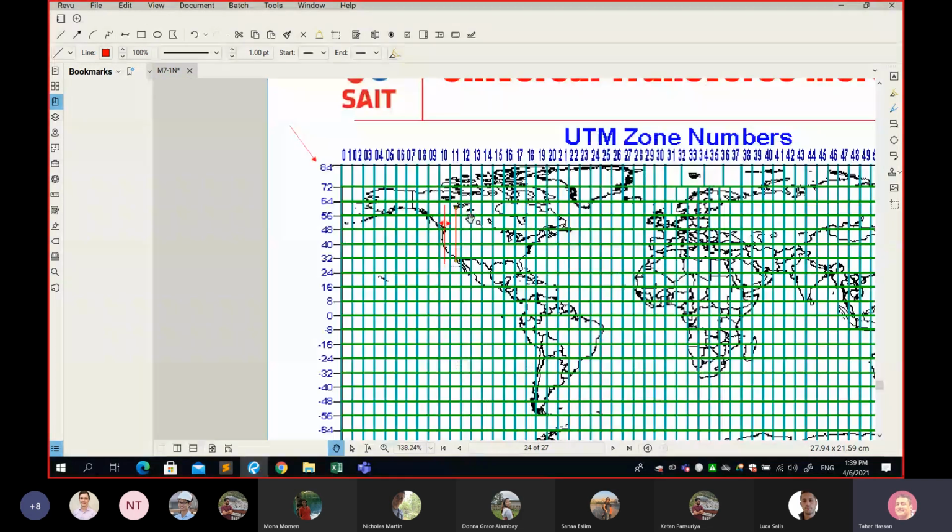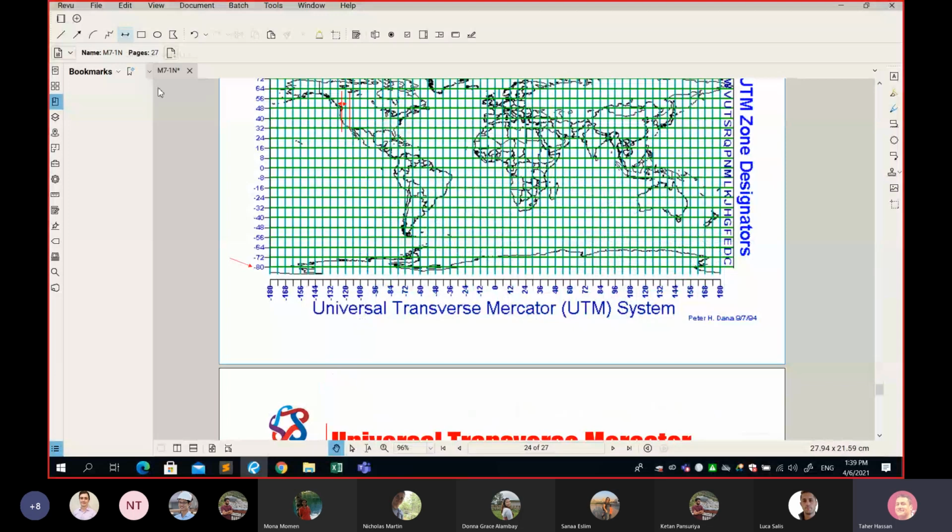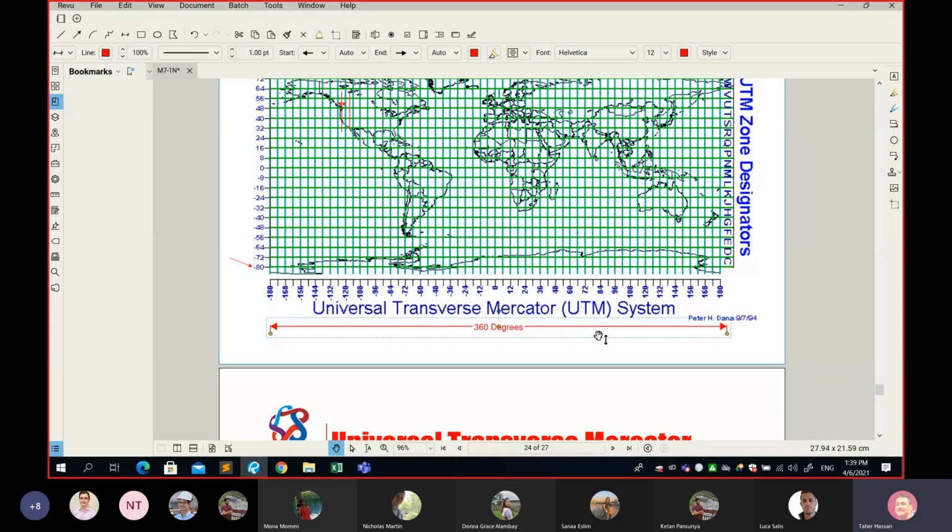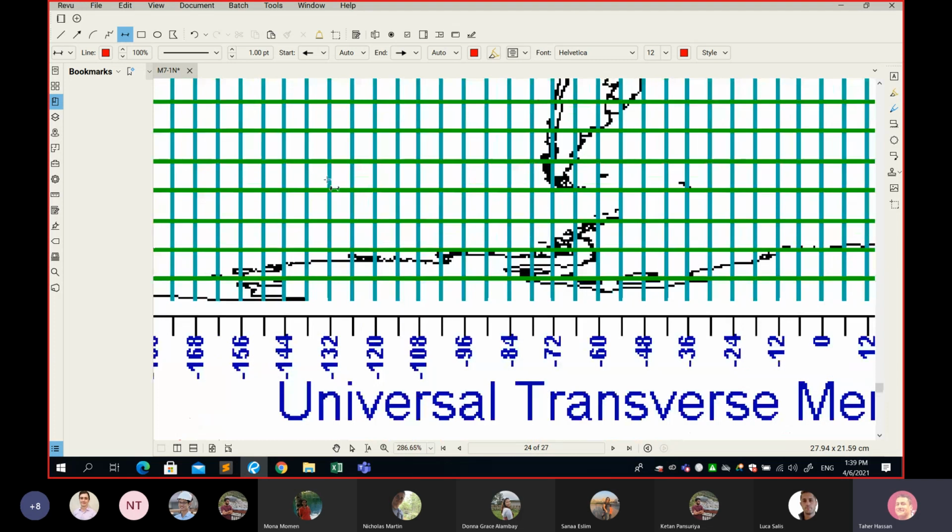So let me show you. You know that the entire world in terms of longitude, from here to there, is 360 degrees. Would you agree? 360 degrees. It was universally agreed that the zone width is 6 degrees. They agreed a long time ago that from this point to this point here is 6 degrees.